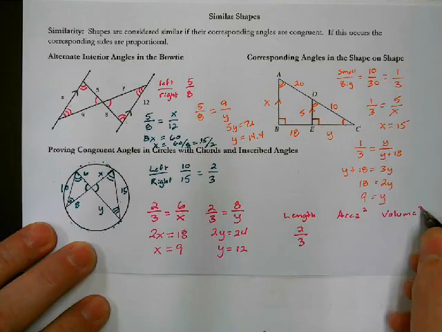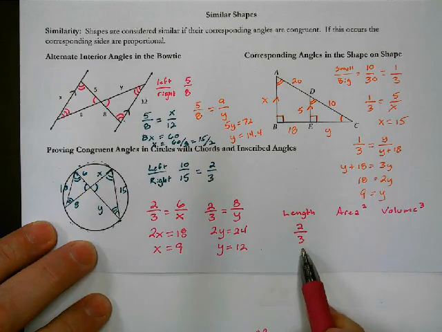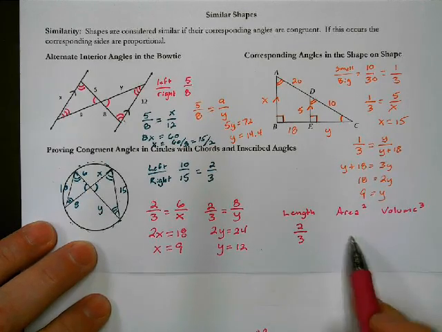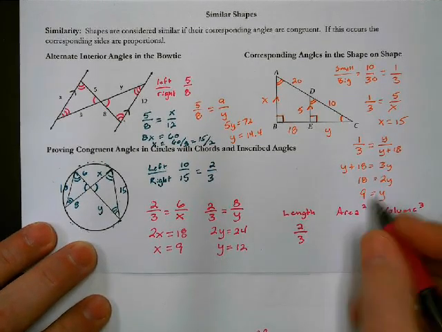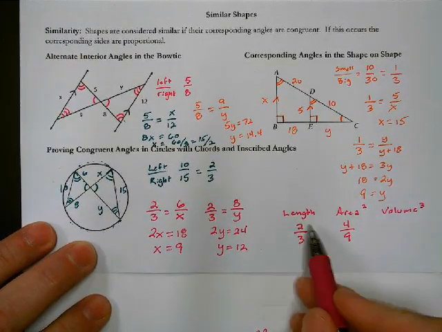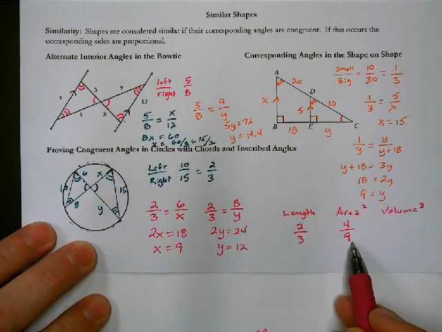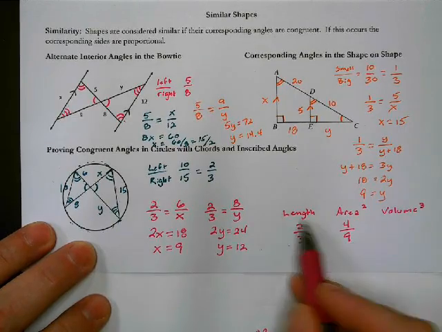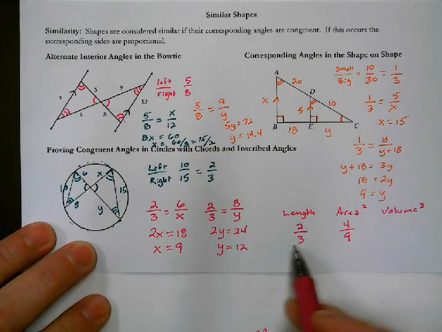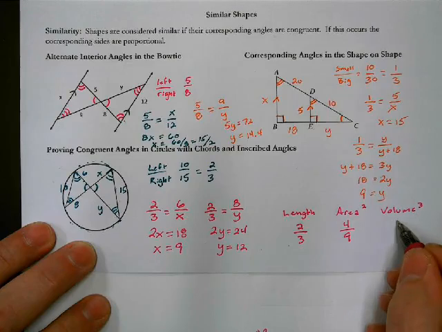So if the scale factor between two shapes is 2 to 3 with their lengths, the area will be the square of this, 4 to 9. If their length scale factor is 2 to 3, their area scale factor is 4 to 9. If their length scale factor is 2 to 3, their volume scale factor is going to be 2 cubed to 3 cubed.